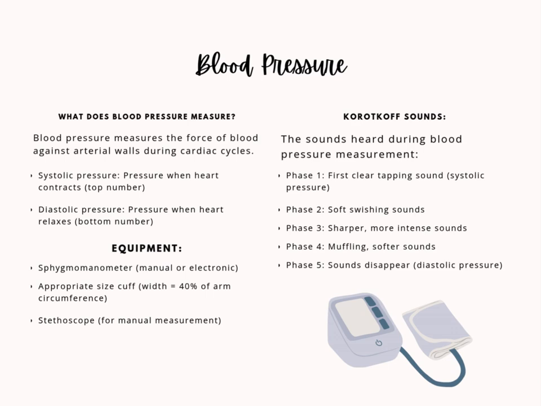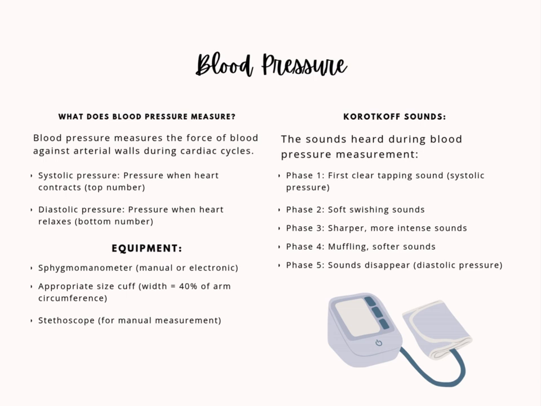There's also a cuff, and a stethoscope, because we are going to auscultate blood pressure, meaning we're going to listen to it. As we're listening to blood pressure, we listen for the Korotkoff sounds. These are the sounds that are heard during blood pressure measurement.